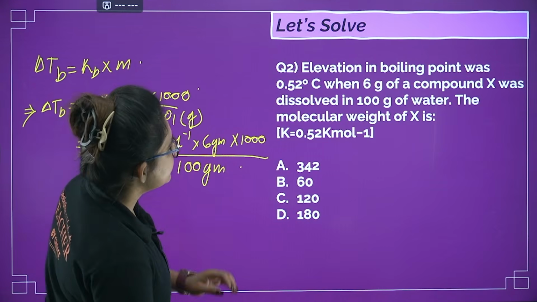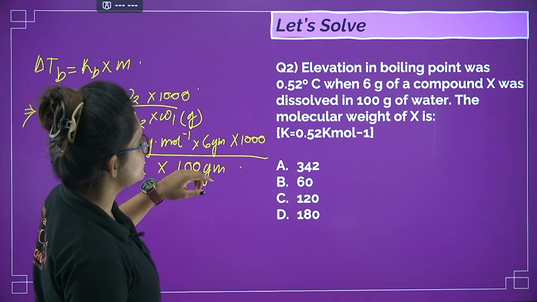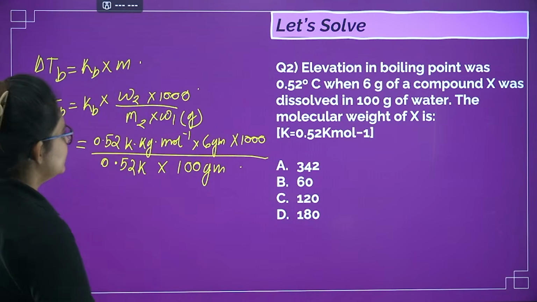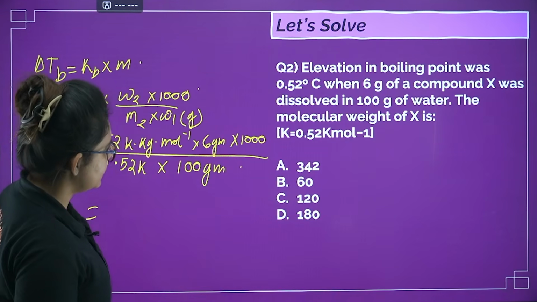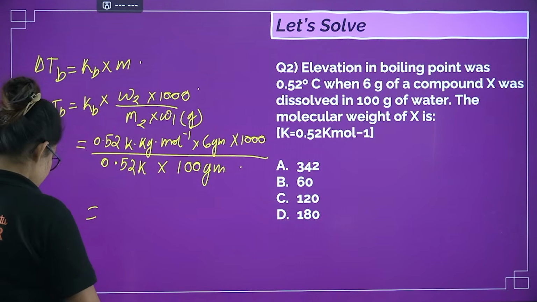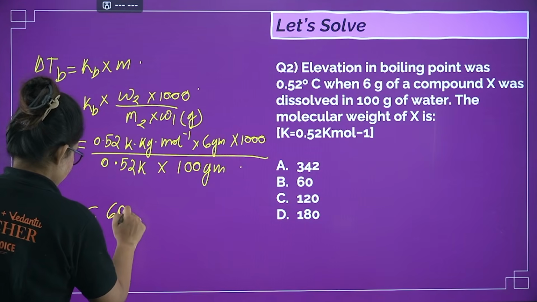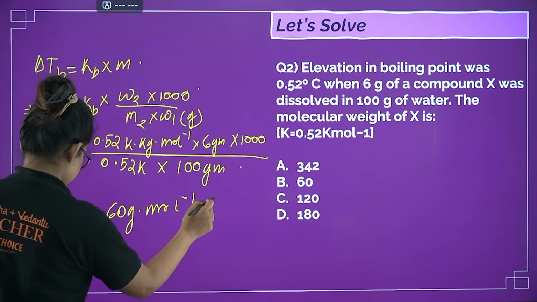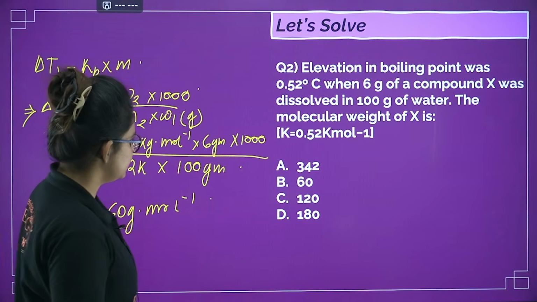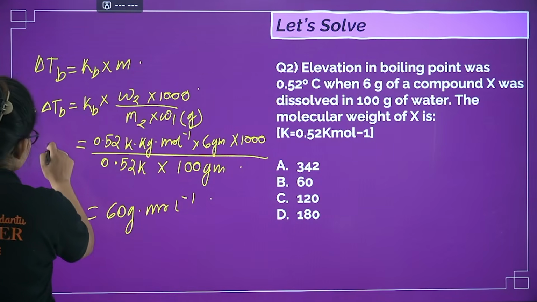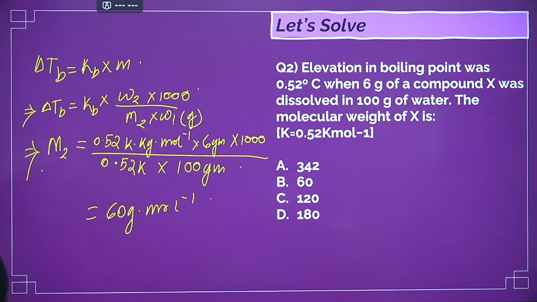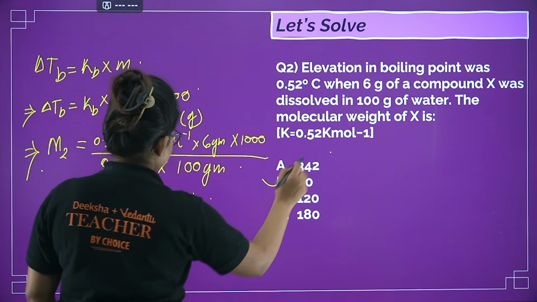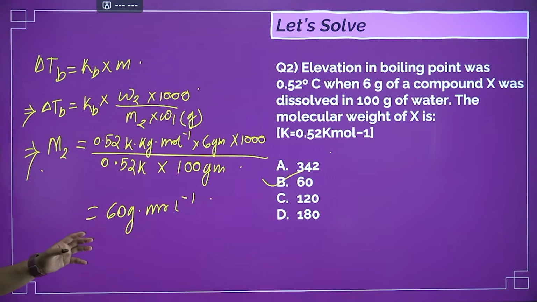Yes, everything I wrote correctly. Let me just check once. Yes, 100 gram of water. Okay, fine. So if you just calculate this entire thing, it will come up to be 60 gram per mole. Okay, so M2 is what you have to find out. That's going to be 60. I guess it's clear to you.